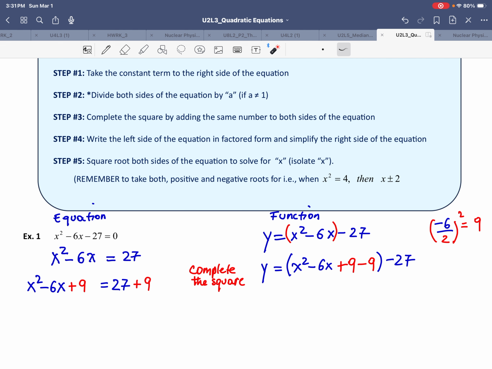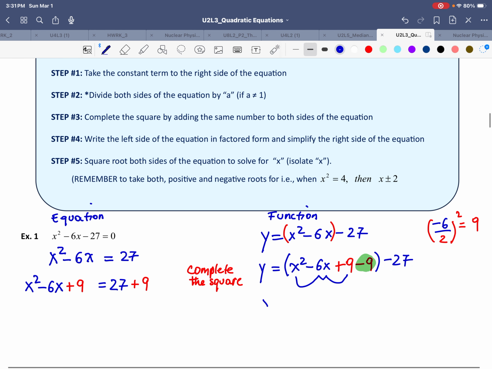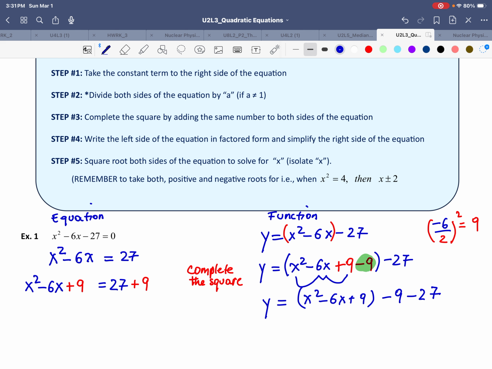Now, next, here we kept the perfect square together, and then we made sure that the number 9 gets out of the brackets and is added to -27. So the way we did this before was x squared minus 6x plus 9 stayed together, -9 came out, minus 27.